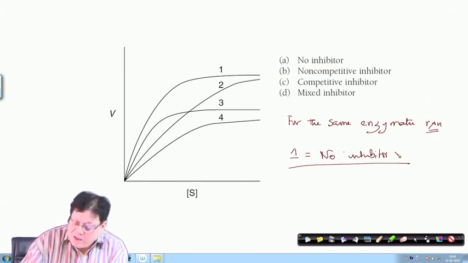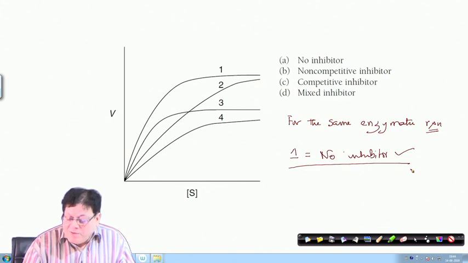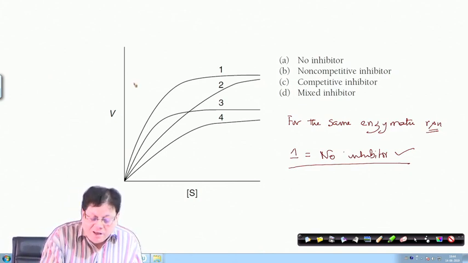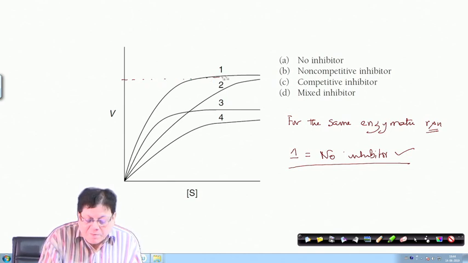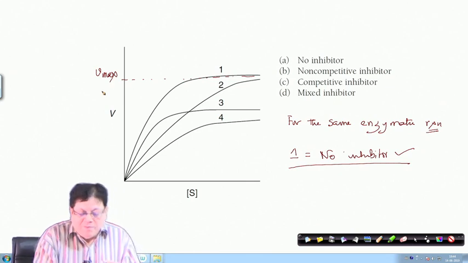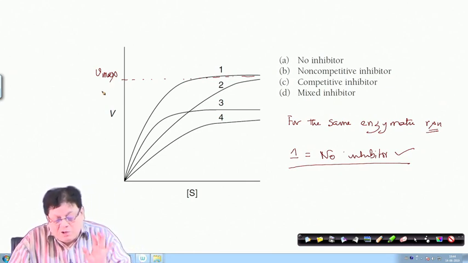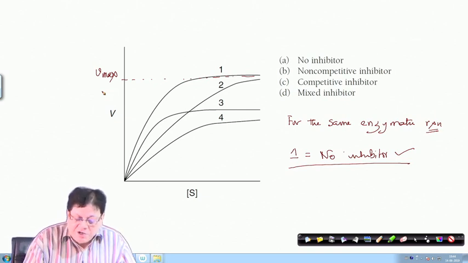We have decided that number 1 has no inhibitor. Now let us see what the Vmax is. This is the Vmax without inhibitor, because this is number 1. This is the maximum velocity that you get under saturating conditions.